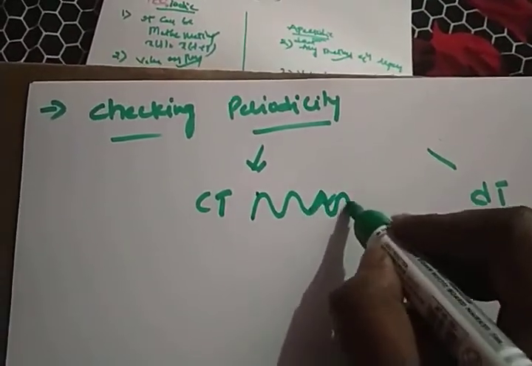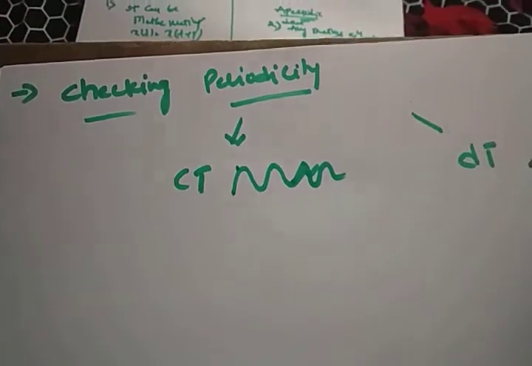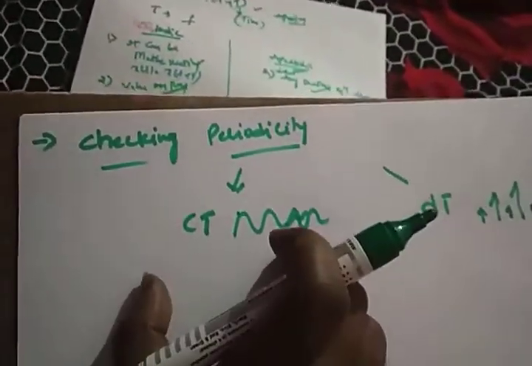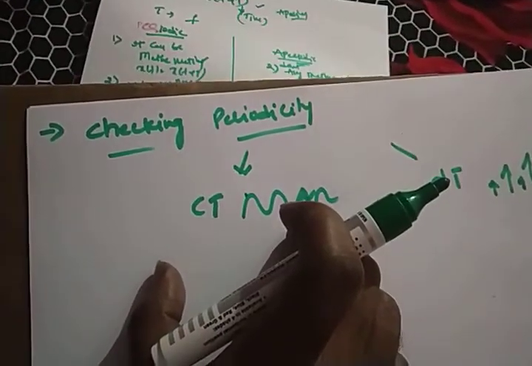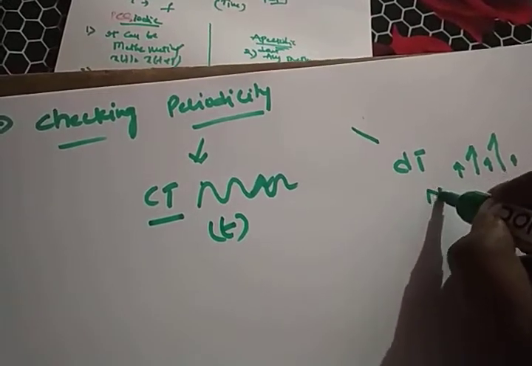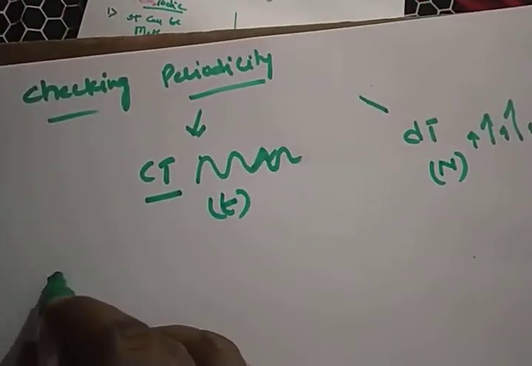To check the periodicity of a continuous signal there is one set of rules; for discrete signals there are several rules. For a continuous signal, the time period is T. For a discrete time signal, the time period is N. We already discussed these things. Now we'll follow the steps.